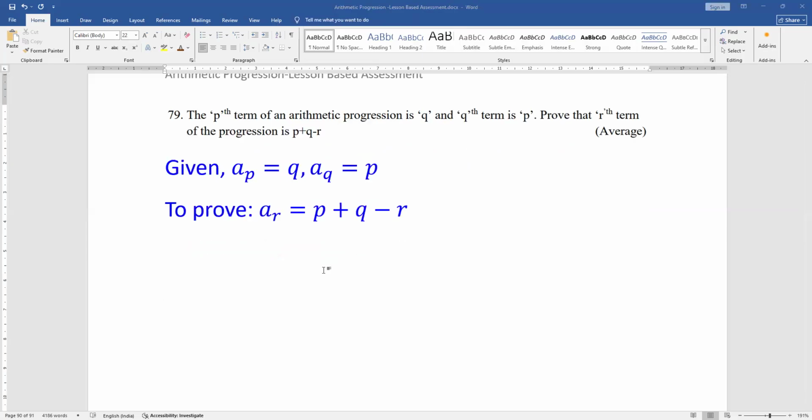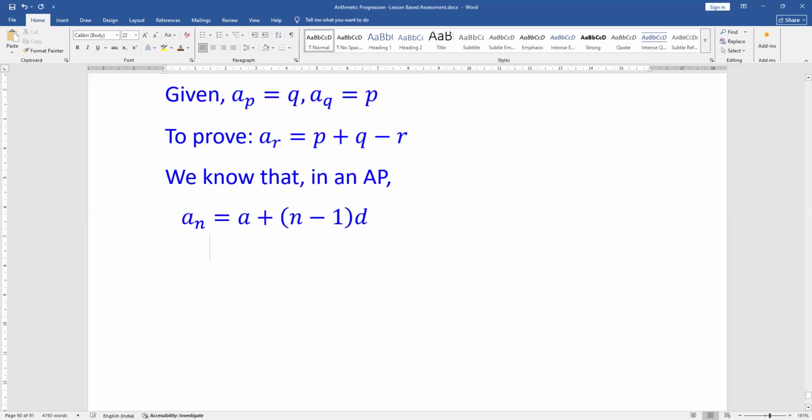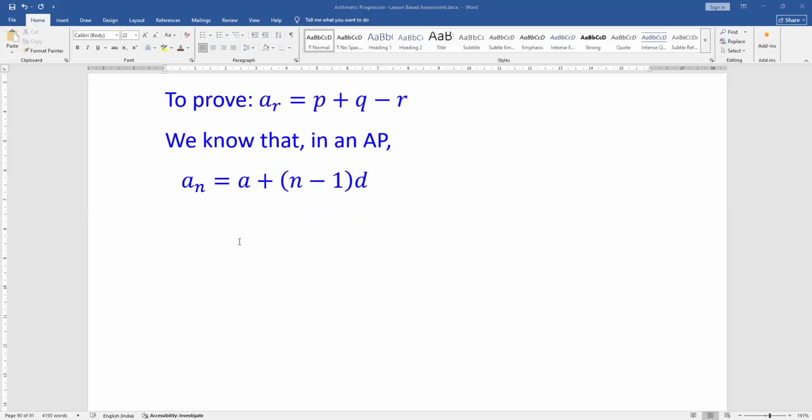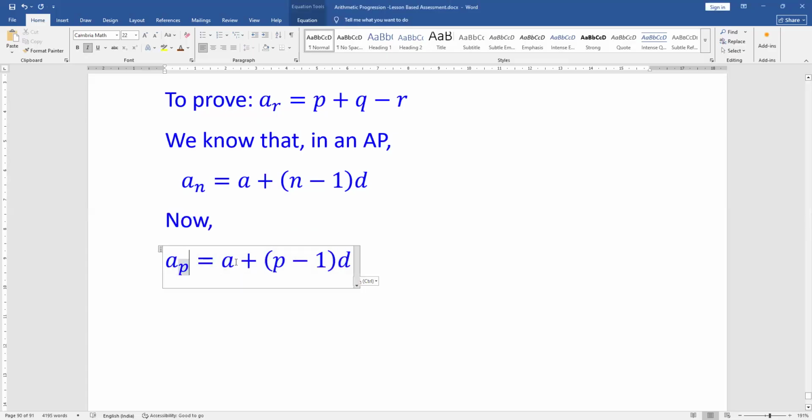Now we know that an equals a plus n minus 1 into d. This we already know. Correct. Now in my next step, wherever this n is, you are going to replace it with p. So I just write here, AP is equal to a plus p minus 1 into d.